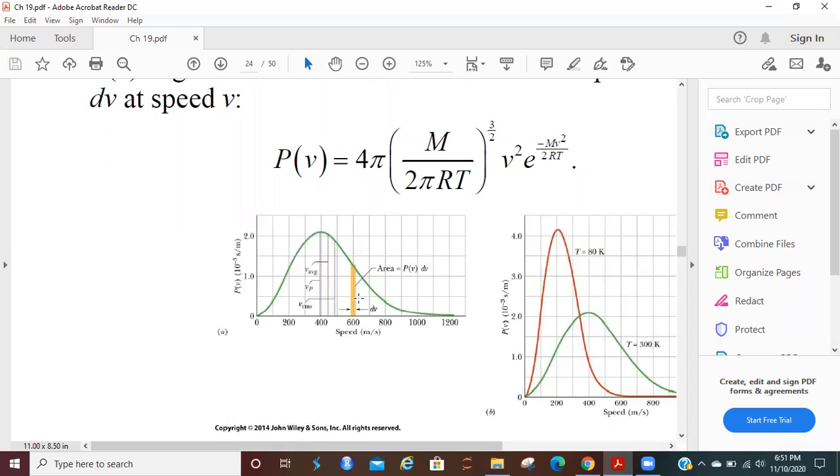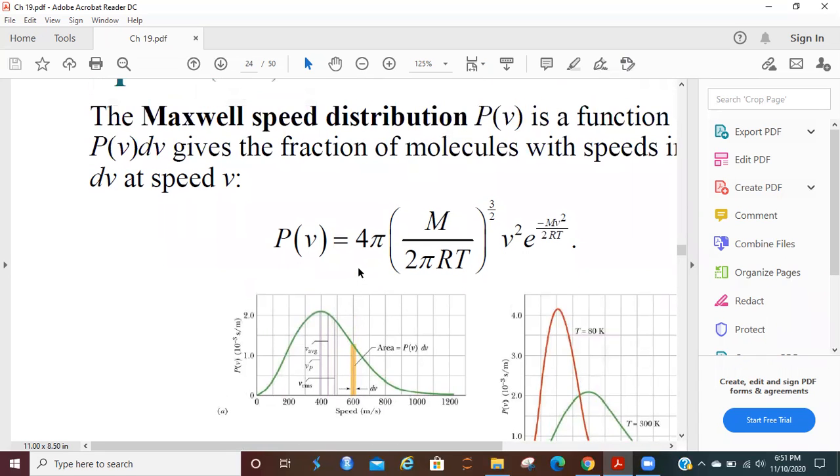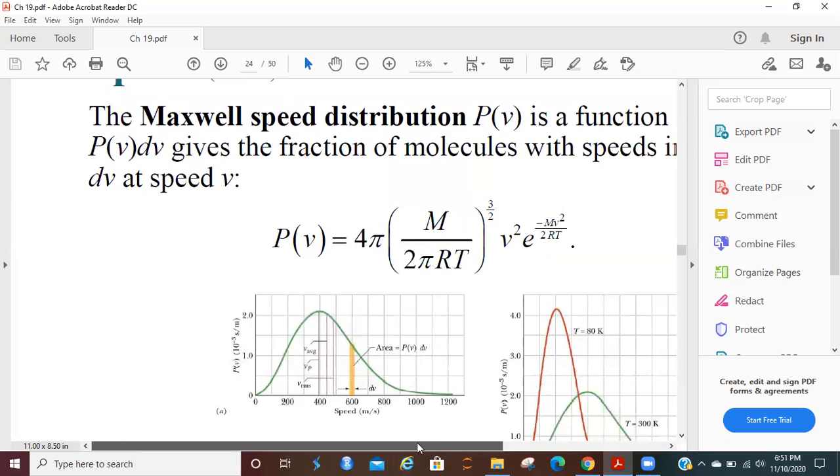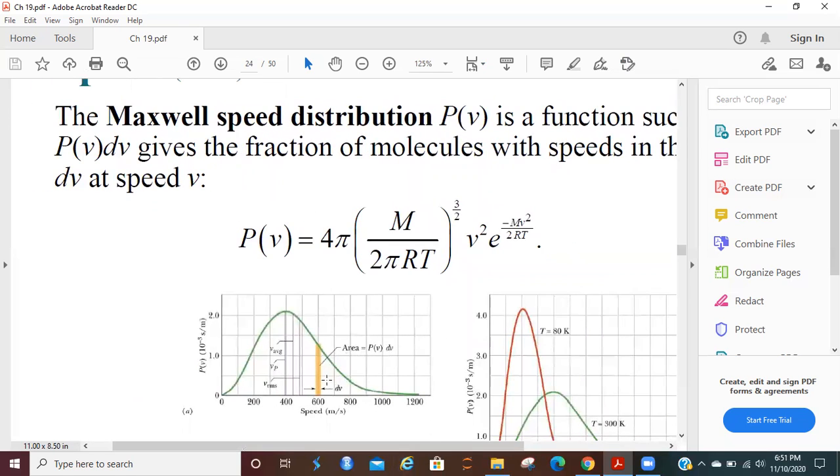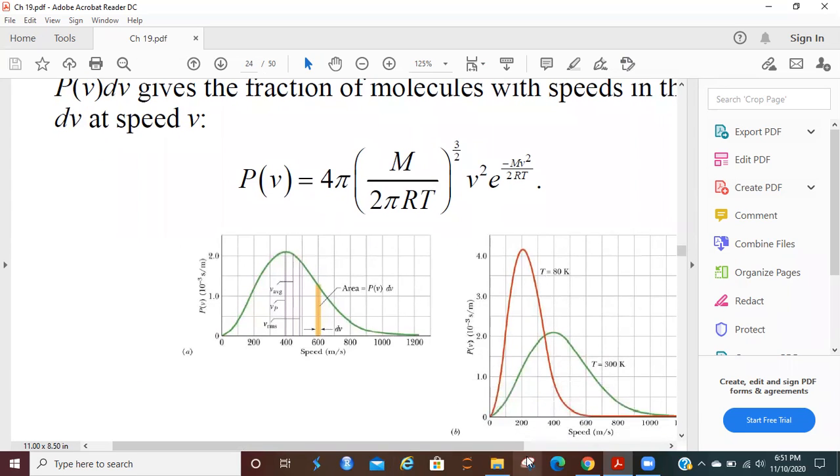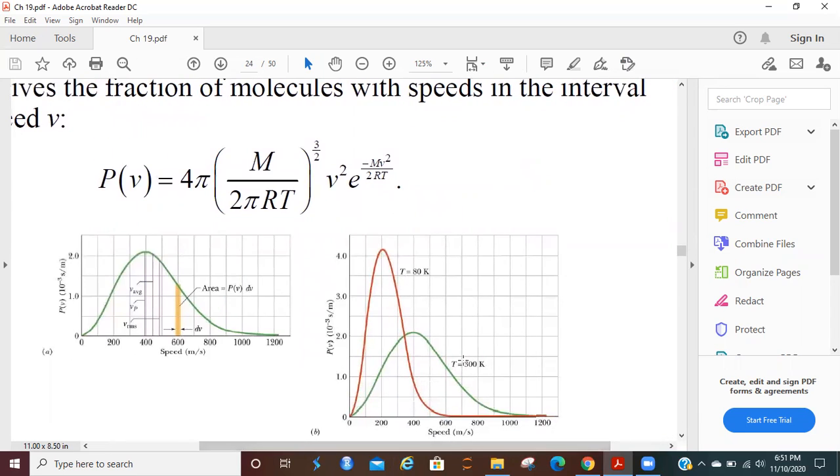But the area of this particular part of the graph is going to give you the fraction of molecules with speeds within that particular interval. Obviously, this graph is going to change when you start varying the temperature.